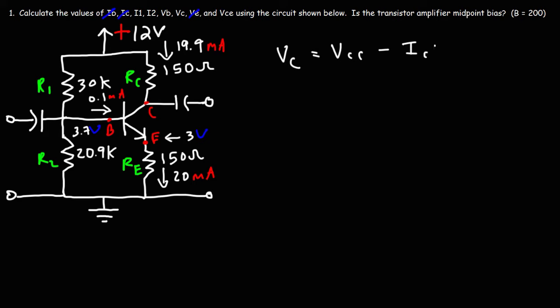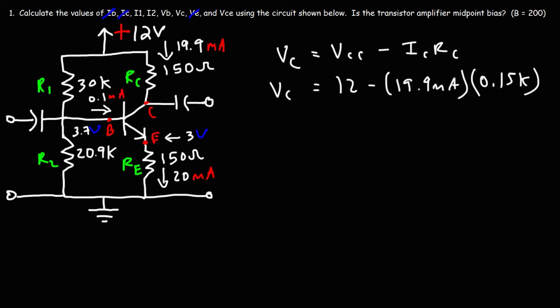So that's going to be IC times RC. So VCC is 12. We know that the collector current is 19.9 milliamps. The collector resistance in kilo ohms is 0.15 kilo ohms. So it's 12 minus 19.9 times 0.15.